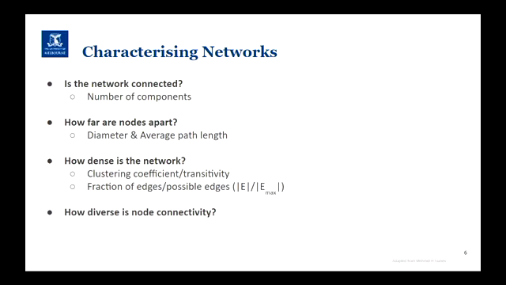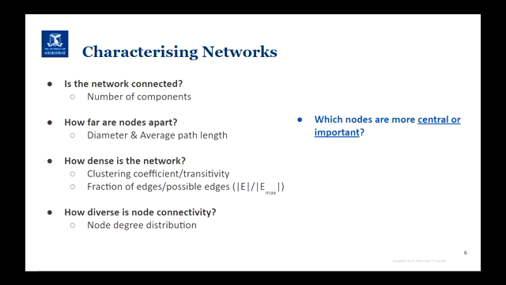Another option would be asking how diverse node connectivity is. We already talked about node degree, which is basically how many neighbors, how many connections, each node has. We'll talk about node degree distribution and how different networks vary in it. We will use all of that to try, for instance, to identify parts of the network or individual nodes that are more central or more important.